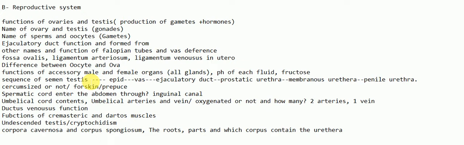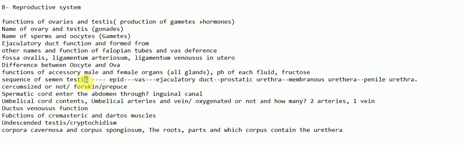From the seminiferous tubules, this is where the sperms are formed, to the straight tubules, to the rete testis, to the efferent ductules, from which it goes to the head, body, tail of the epididymis, to the vas deferens.